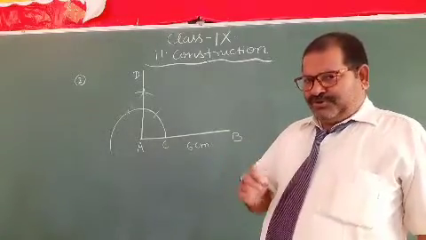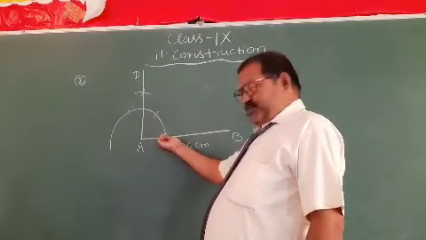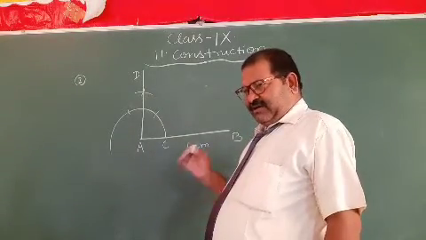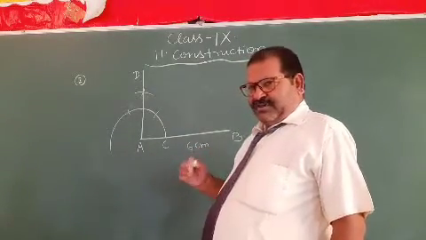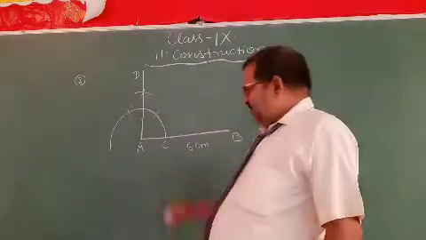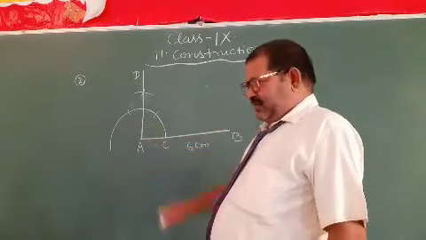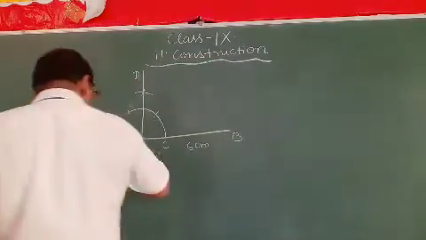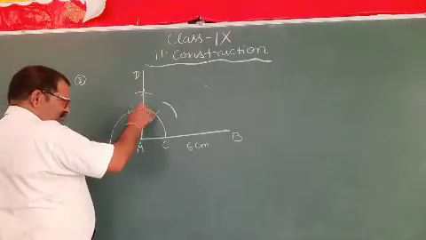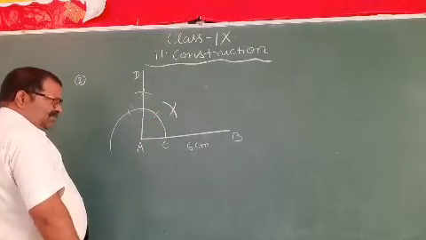So put the compass at the point C and take more than half distance of the arc of the angle of 90 degree to draw an arc, and put the compass on that point to draw another arc.